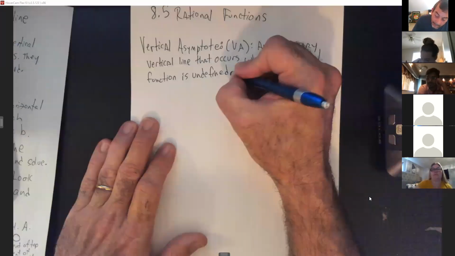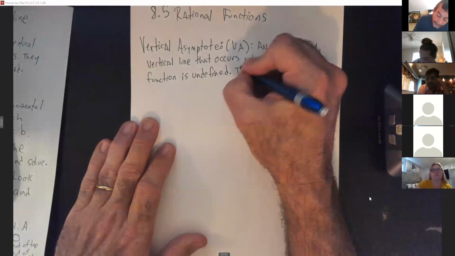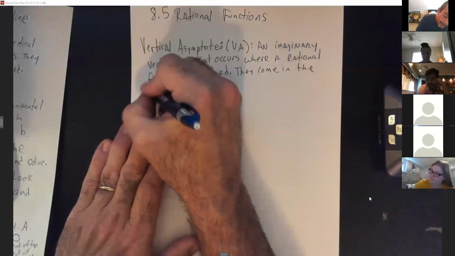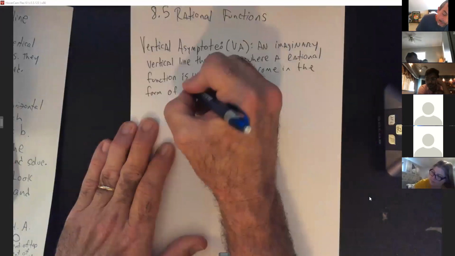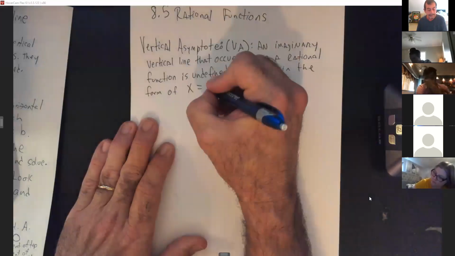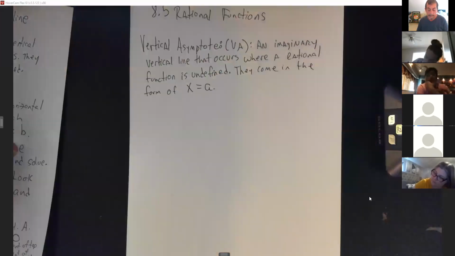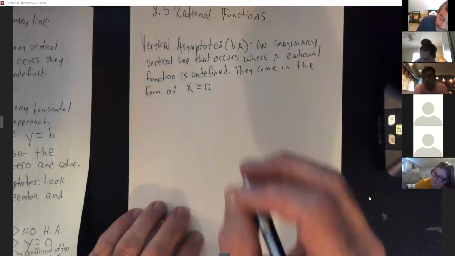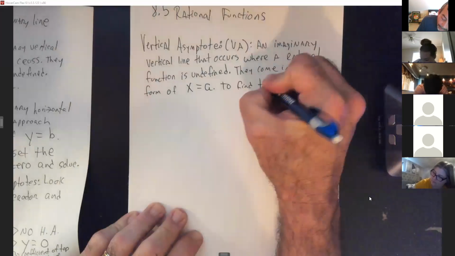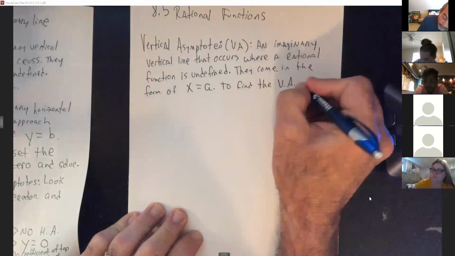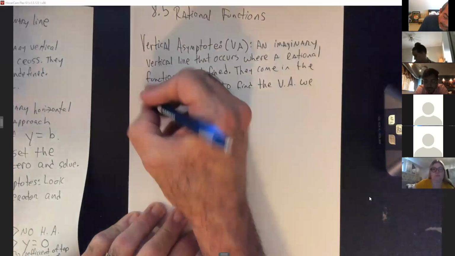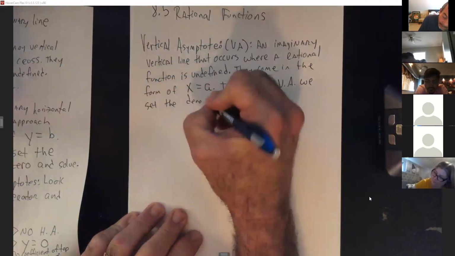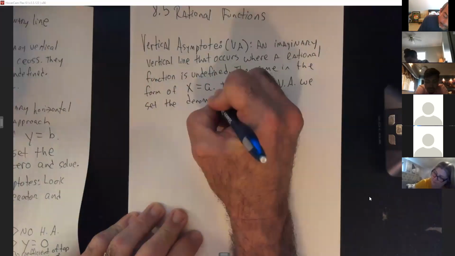They come in the form of x equals some number. Now, to find the vertical asymptotes, we set the denominator equal to 0.